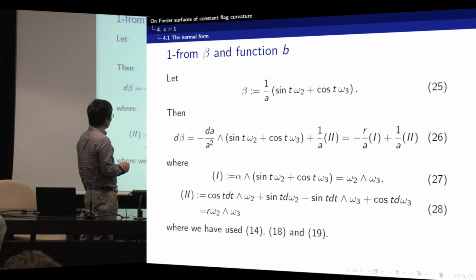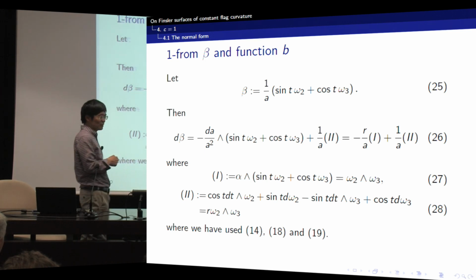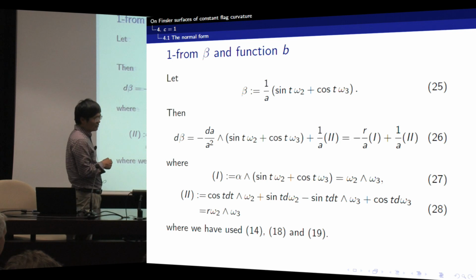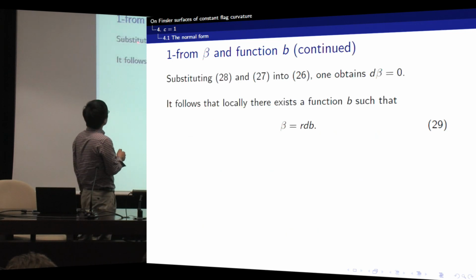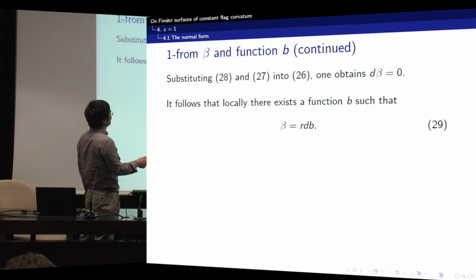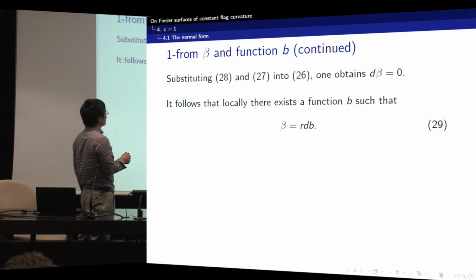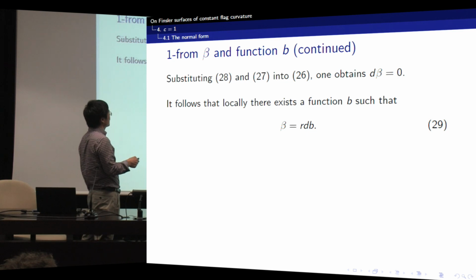And then we substitute 1 and 2 into this formula. We can show d beta is equal to 0. That means beta is also closed, so beta is a locally exact form. It follows that locally there exists a function b such that beta is equal to R dB.